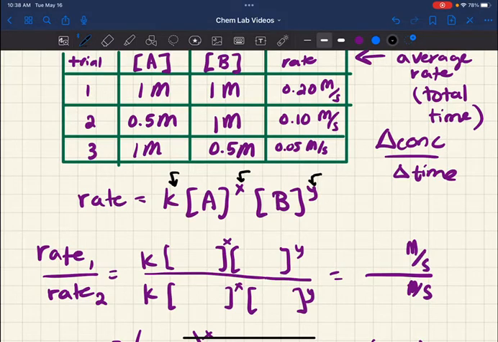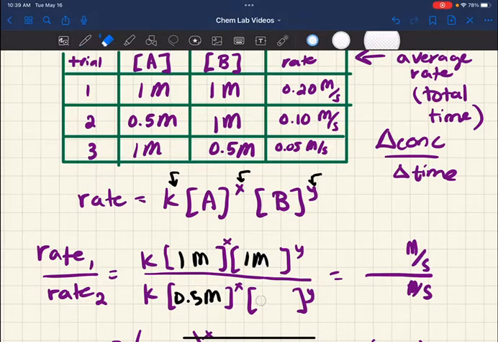So if I take rate 1 and divide it by rate 2, that should be equal to the rate law of the reaction with the values from the table. So I'll plug in my 1 molar A, my 1 molar B, and then in trial 2, 0.5 molar A and 1 molar B.